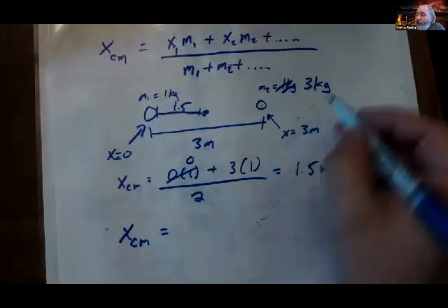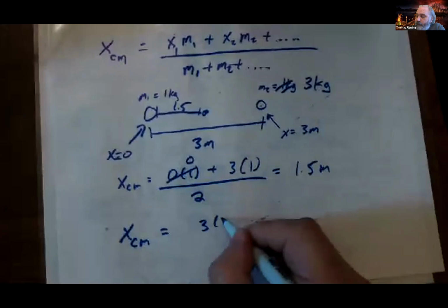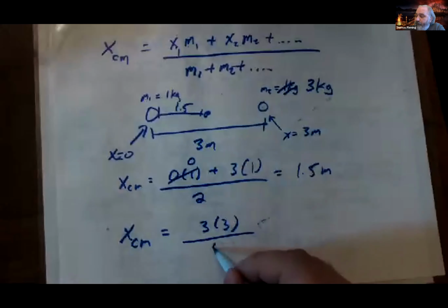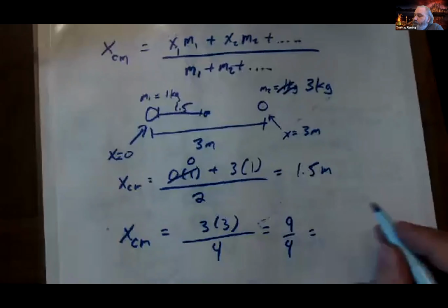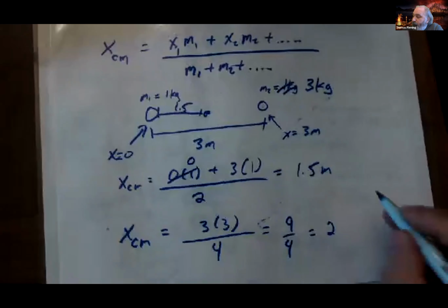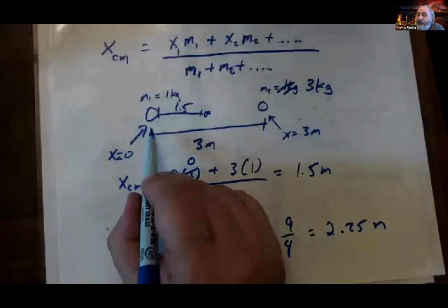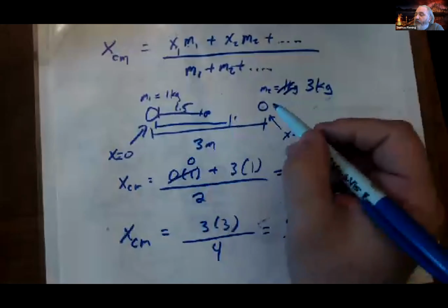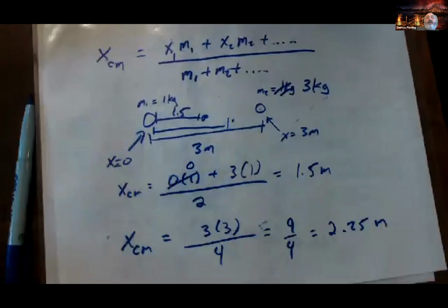But now it's going to be 3 kilograms times 3 meters over the total mass. But now the total mass is 1 plus 3, that's 4. That gives 2.25 meters. Well, if this is x equals 0, 2.25 is going to be more than halfway. And so it's going to be way closer to this guy and further away from that guy. And that is exactly what we were seeing in the simulation.